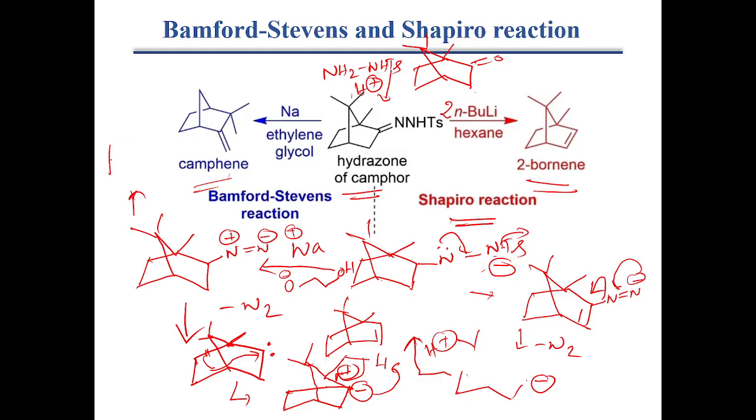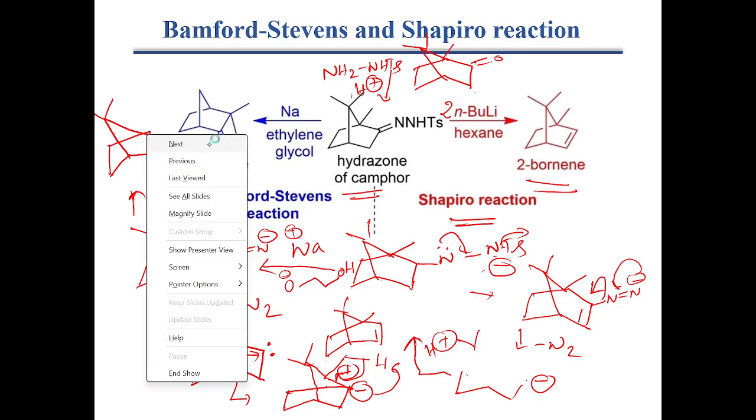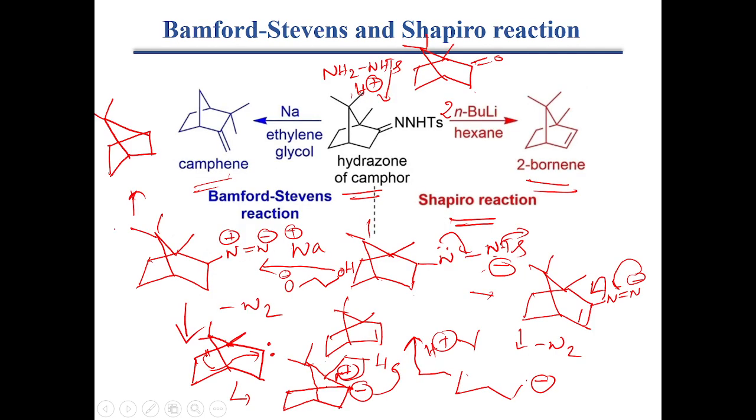So what happens? One methyl. This is the double bond.